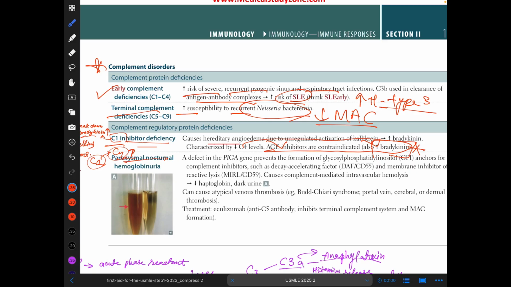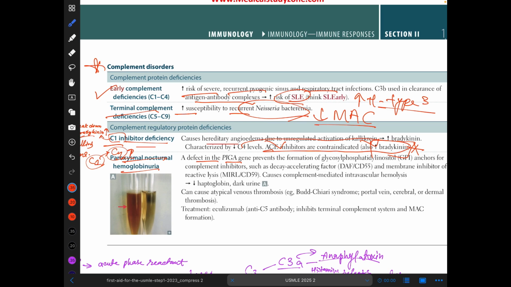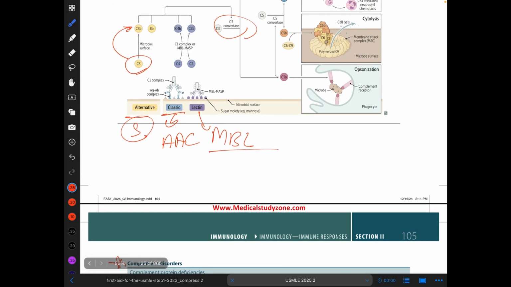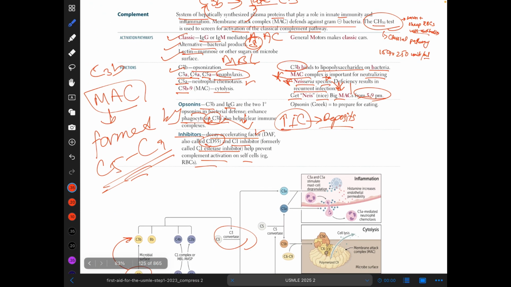Paroxysmal nocturnal hemoglobinuria: a defect in the PIGA gene prevents the formation of glycosylphosphatidylinositol and so lacks complement inhibitors such as decay accelerating factor. Already we know about that. We have some inhibitors like DAF and C1 esterase inhibitor, CD55, and we have CD59.